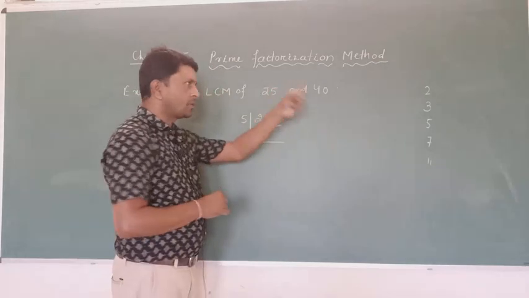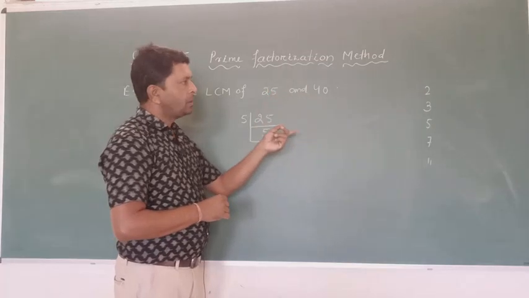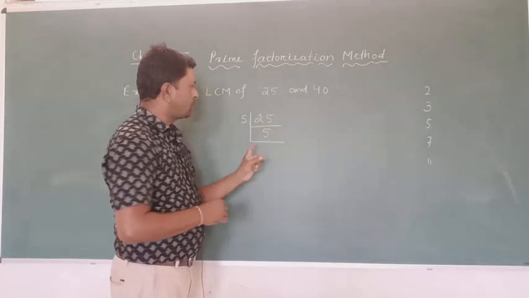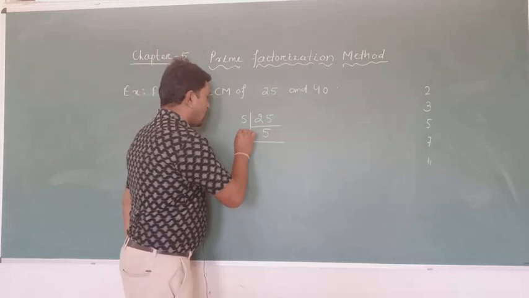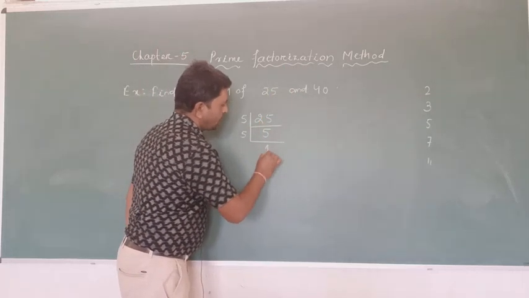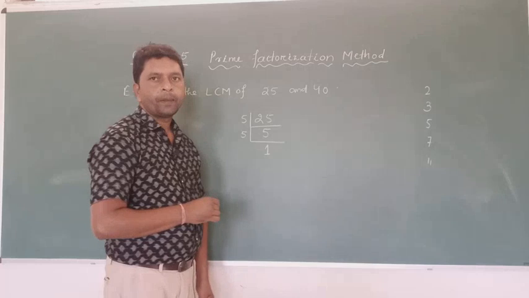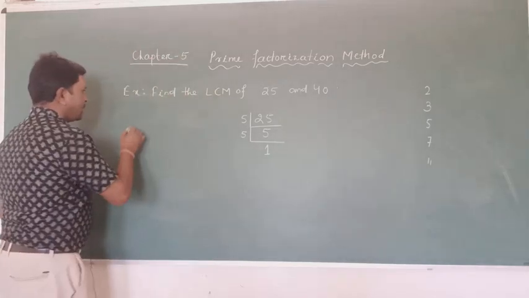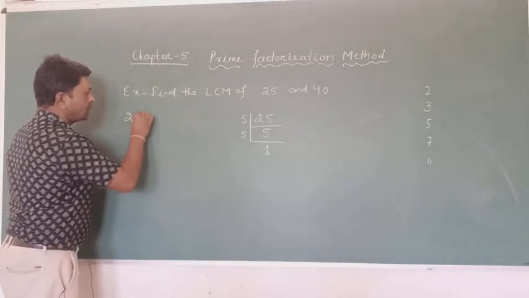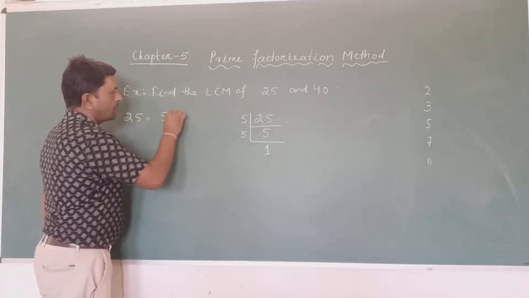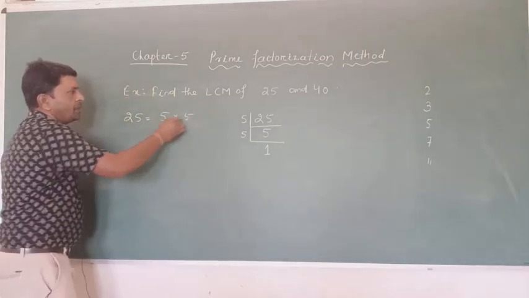We check with 2 and 3, but in both cases 5 is not divisible. So I take 5 here again, and 5 ones are 5. Okay, and just write the factors: 25 is equal to 5 cross 5, or 5 into 5.